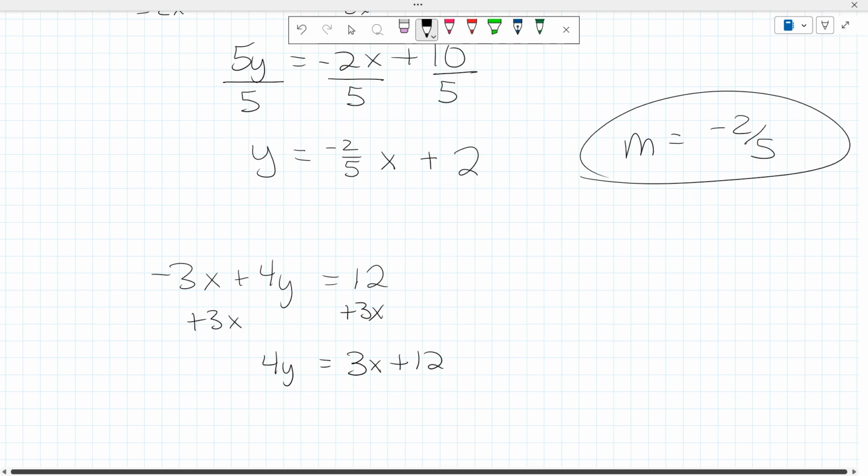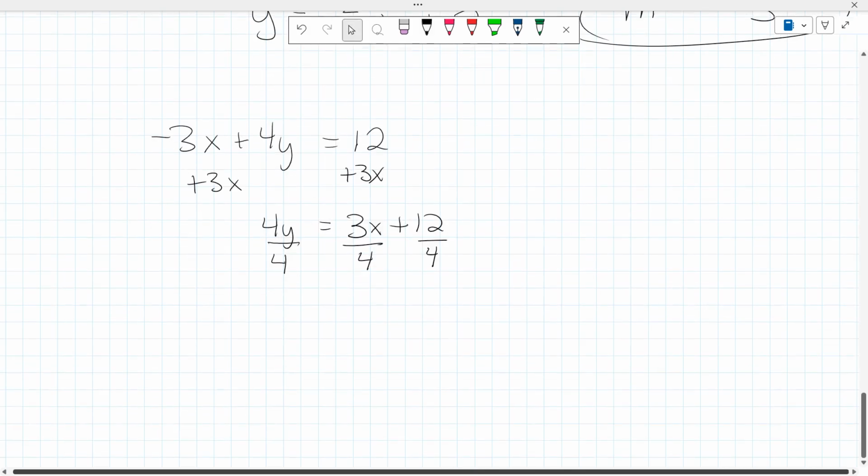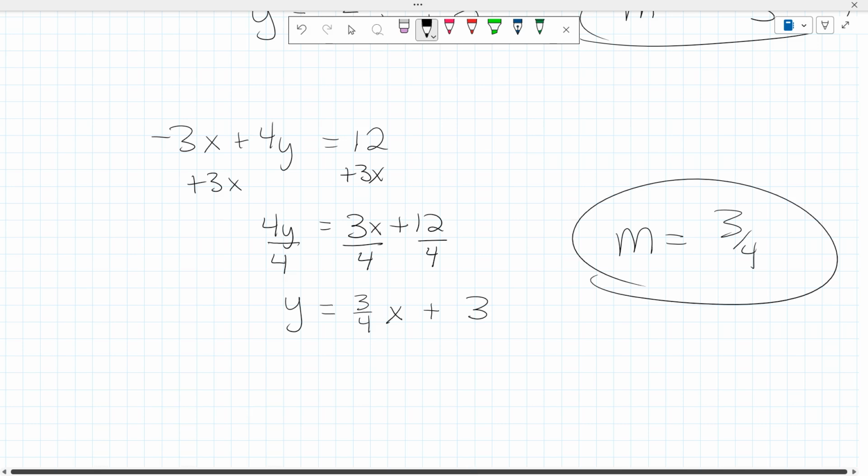Now it's 4 times y, so we divide everything by 4. So y equals 3/4 x. 12 divided by 4 is 3. What is our slope? 3/4. It's the number in front.